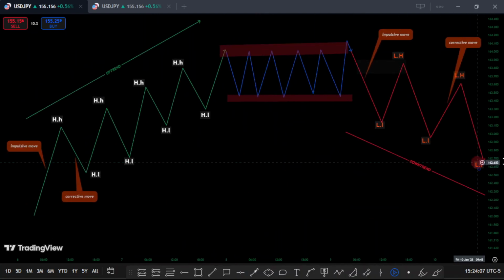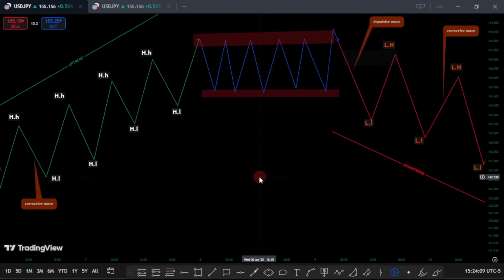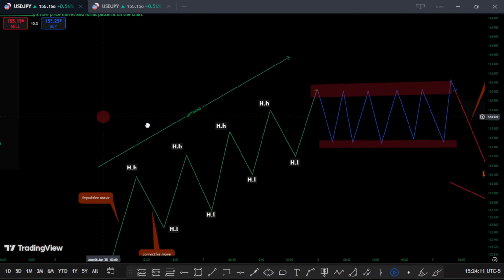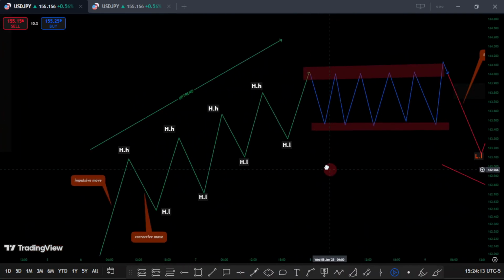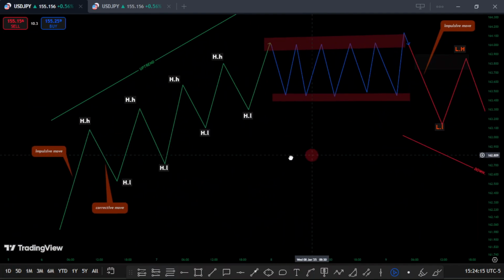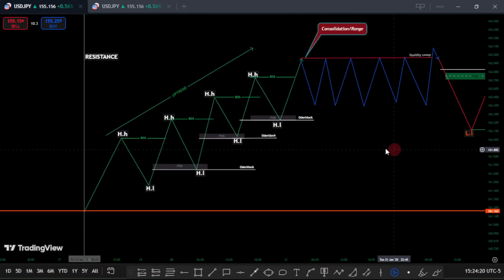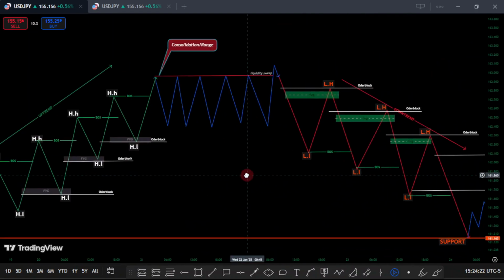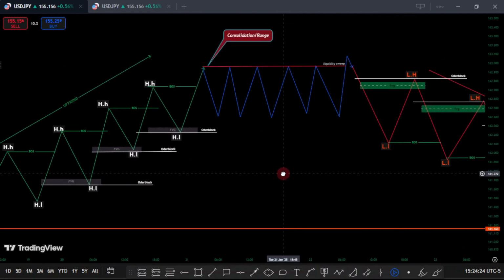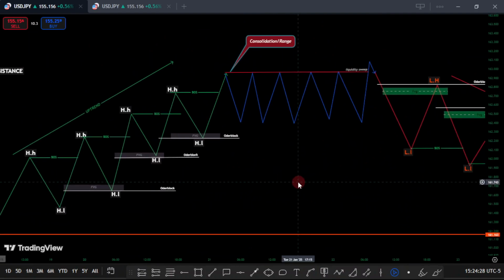Okay, cool. Now let's head over to the advanced market structure. First of all, let me move this over here so that you guys can see. As you advance in trading, understanding market structure goes beyond just the trends that we talked about earlier on.